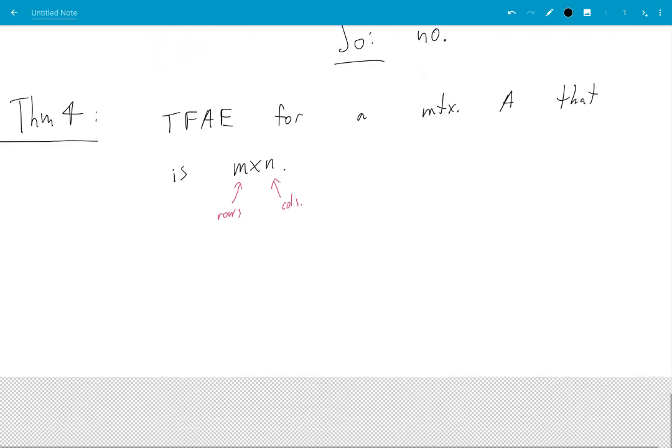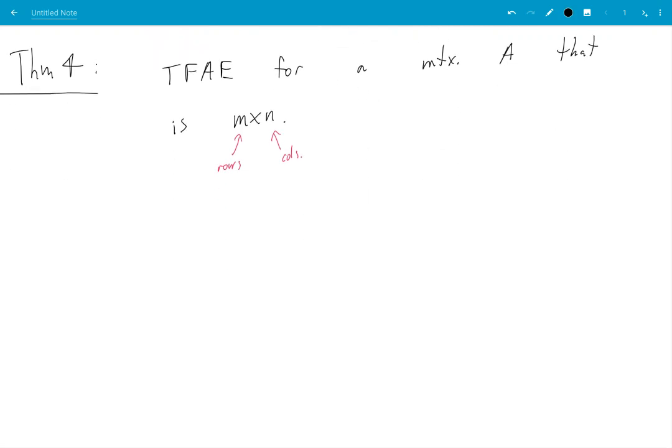So four statements. The first statement is what we were just talking about. 1. AX equals B is consistent for all B in R M. 2.